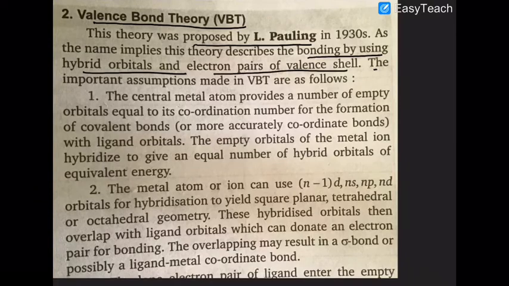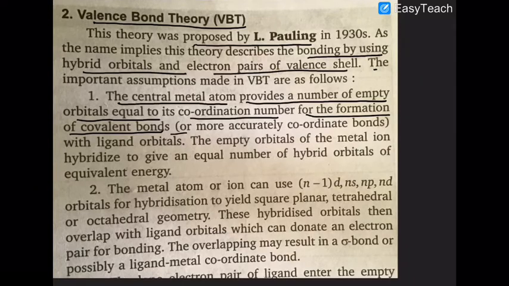Now in that also we will incorporate one more thing which is basically required in the case of coordination compounds. Okay, so what happens in the case of complexes? In the case of complexes, the central metal atom provides a number of empty orbitals equal to the coordination number for the formation of that particular complex.